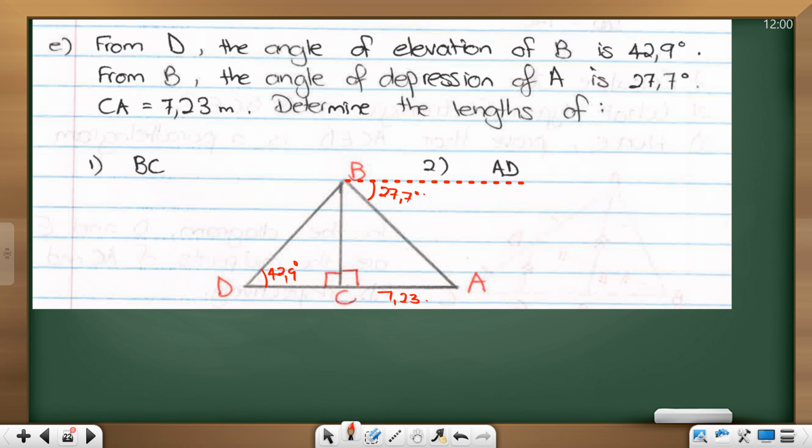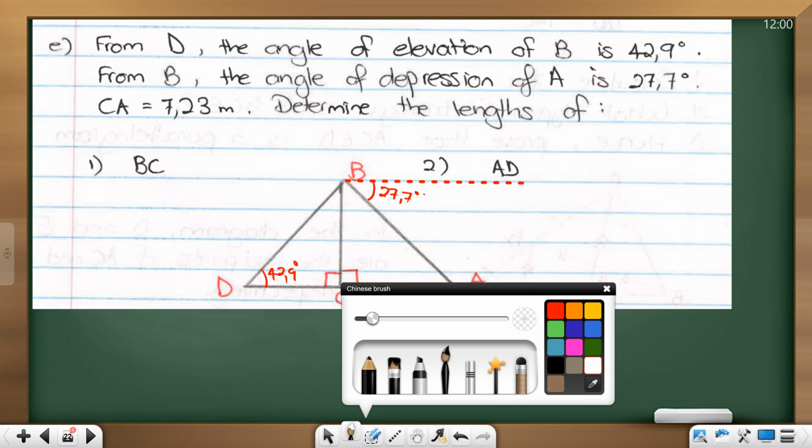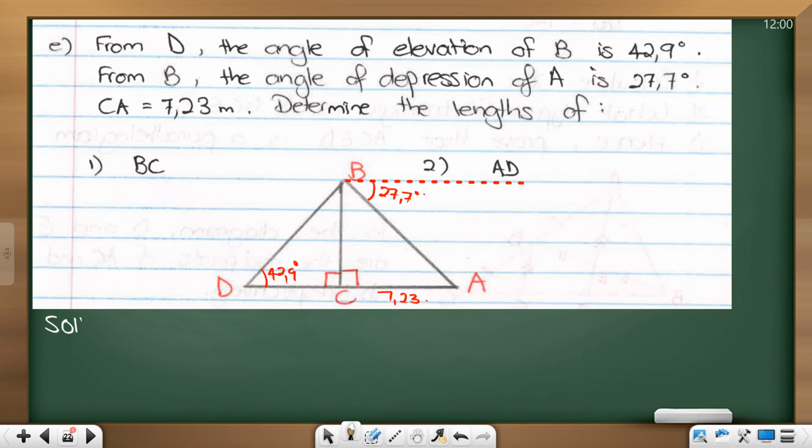Determine the length of BC. Here, what are we using? Do you guys still remember that? Opposite over hypotenuse, adjacent over hypotenuse. Okay, so let's run through.